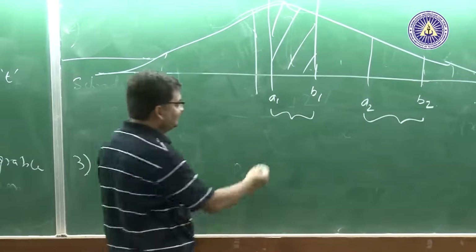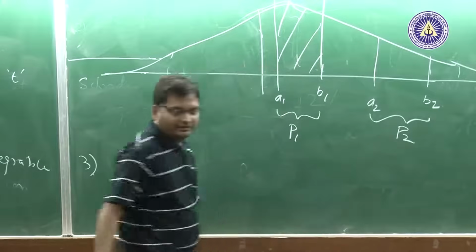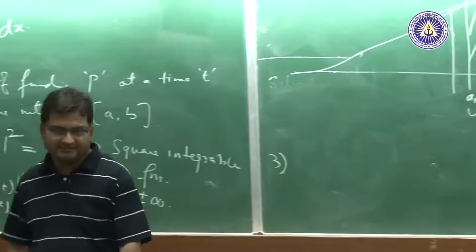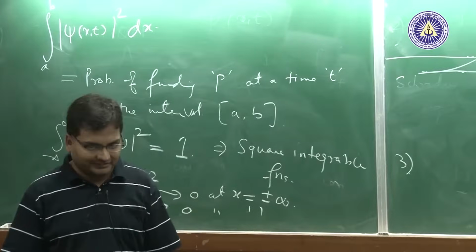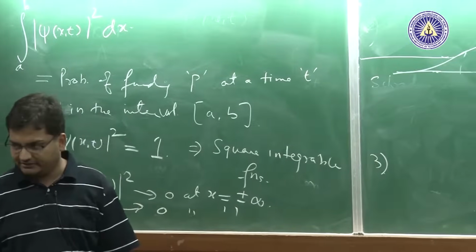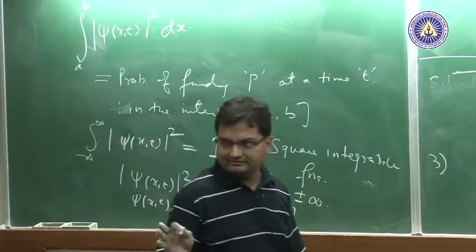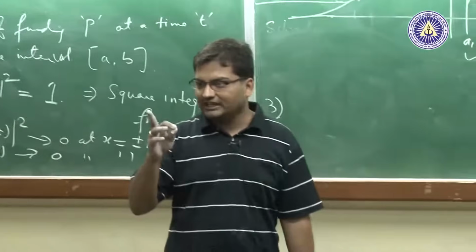And let us say the probability of finding the particle here is P1, and the probability of finding the particle here is P2. So, which one is larger, P1 or P2? P1. All of us agree? Is P2 larger or P1?